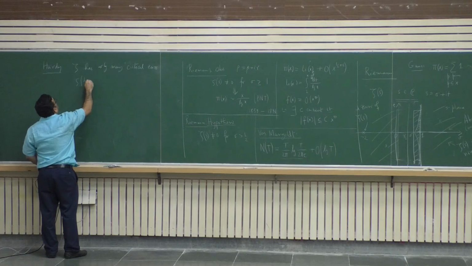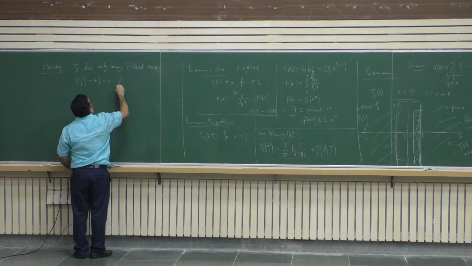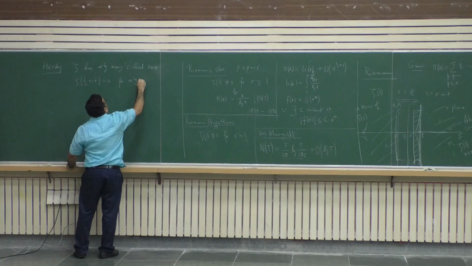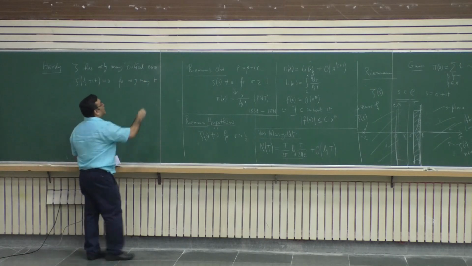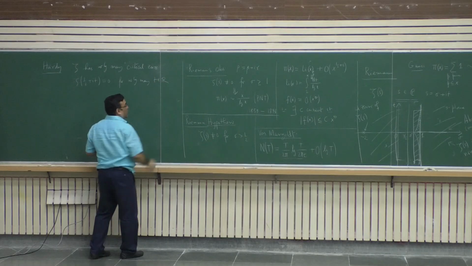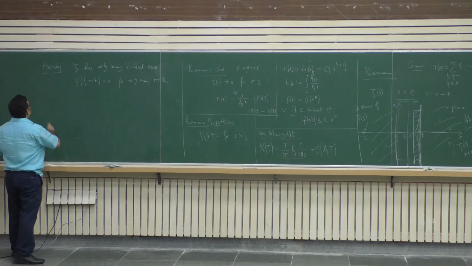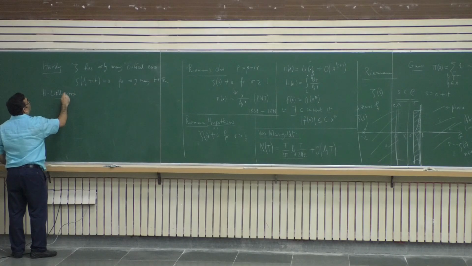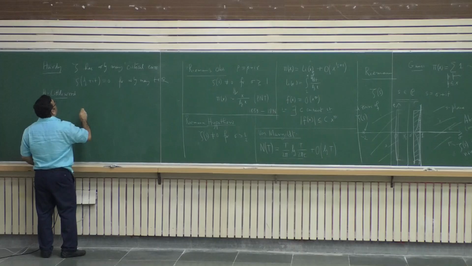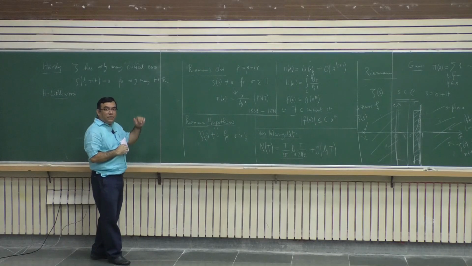Okay. And then a few years later, Hardy and Littlewood improved this result. They showed that if you count the number of zeros up to height T, then there are at least T many zeros on the critical line. So total number of zeros is T log T, and they could prove that almost T many zeros are on the central line.